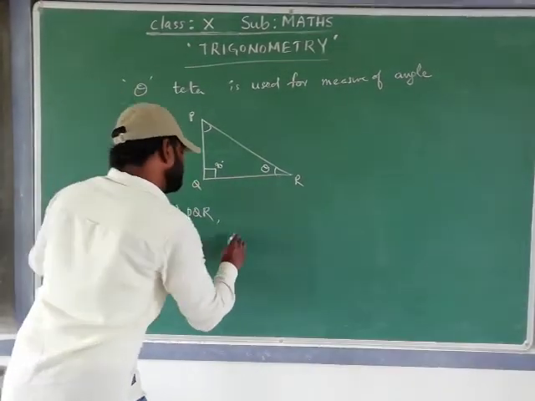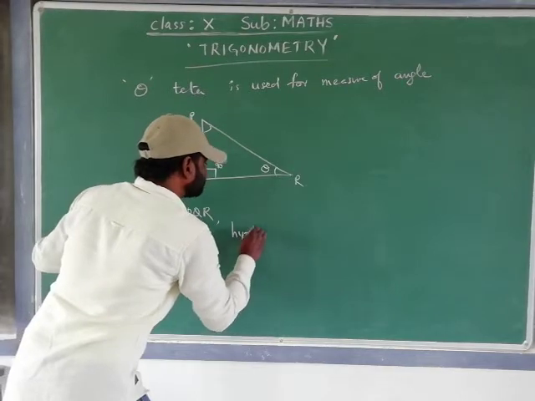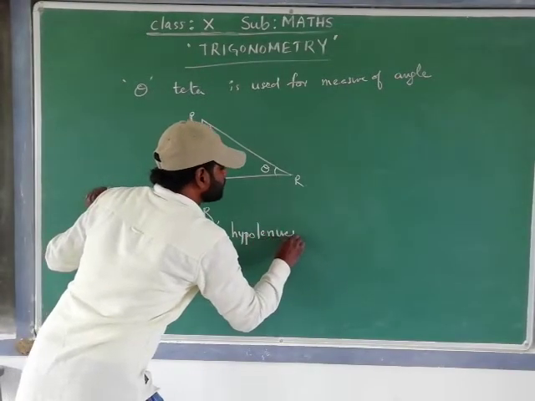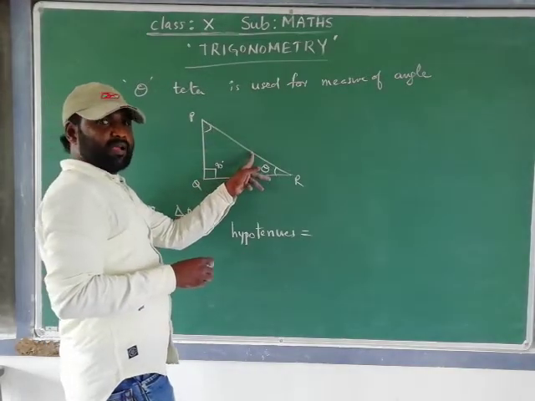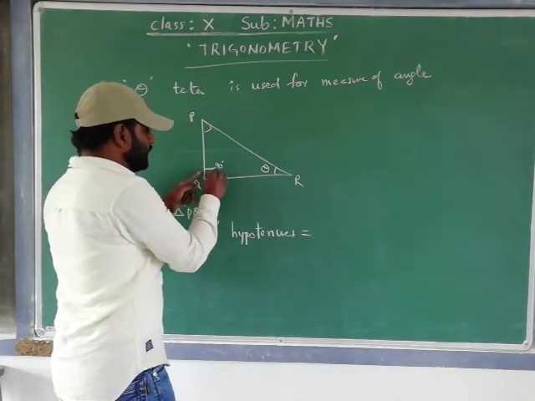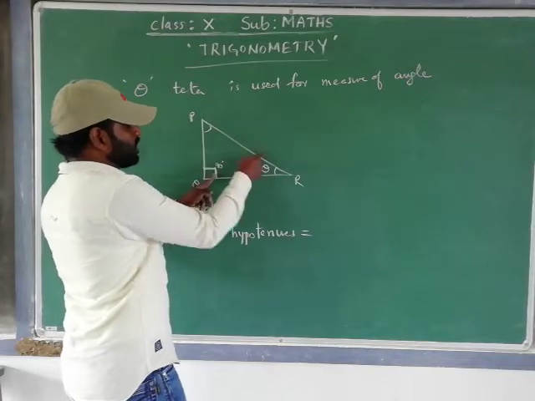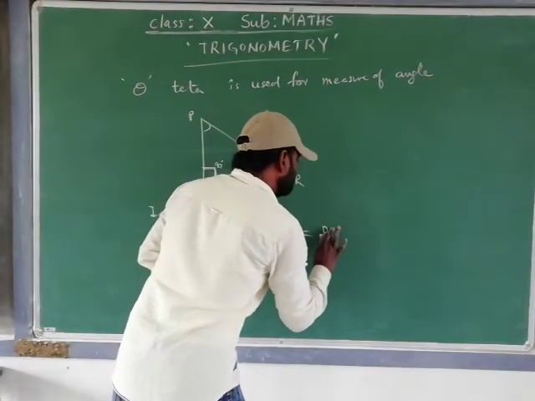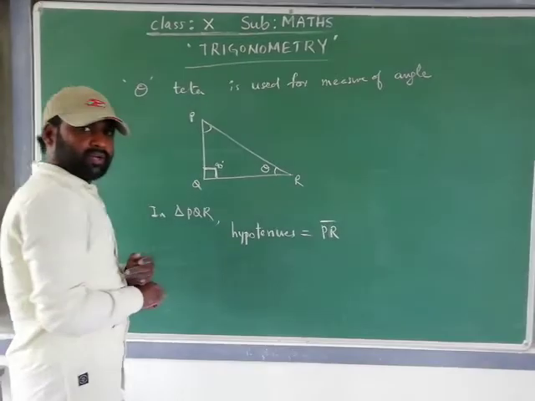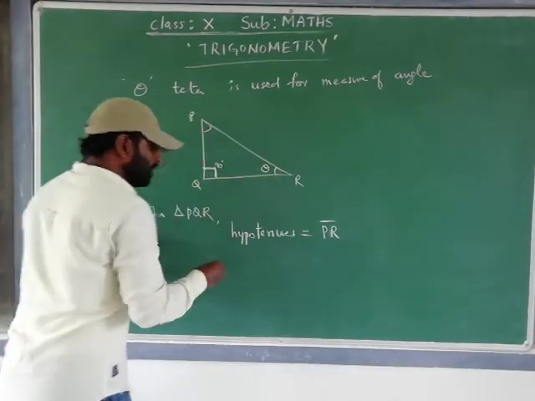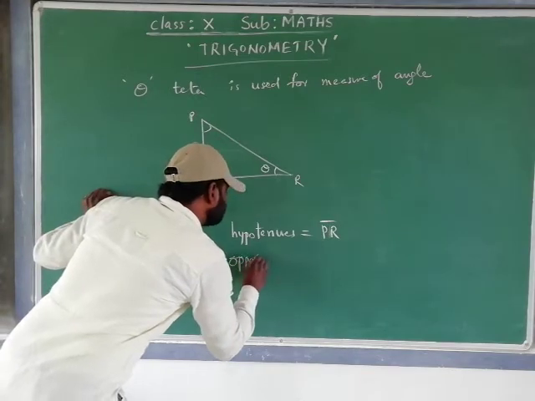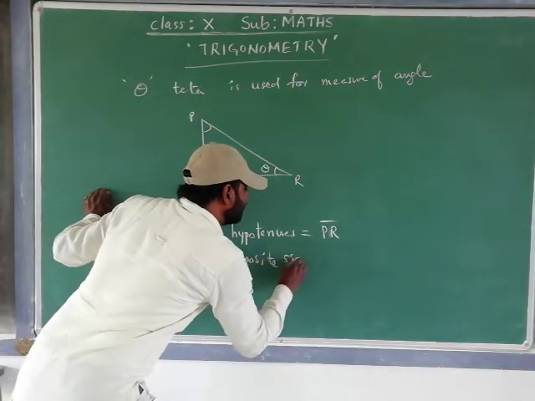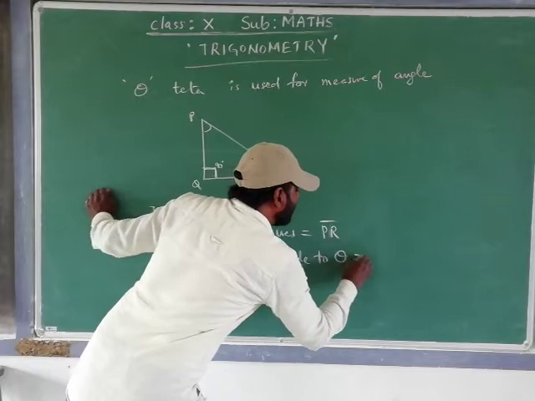What is the hypotenuse here? The right angle's opposite side is the hypotenuse. That means here 90 degrees, the opposite side is what? PR. PR is the hypotenuse. Now with respect to theta, the opposite side to theta.